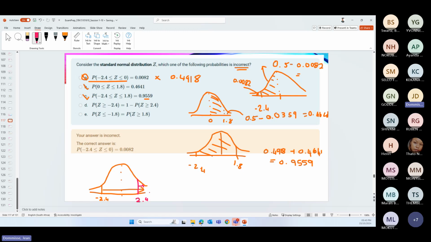Yes, it is, because that area will be exactly the same. And then most likely the same here. Bigger than 1.8 is that area, smaller than minus 1.8 is that area, and that is also similar. So option E is also correct.